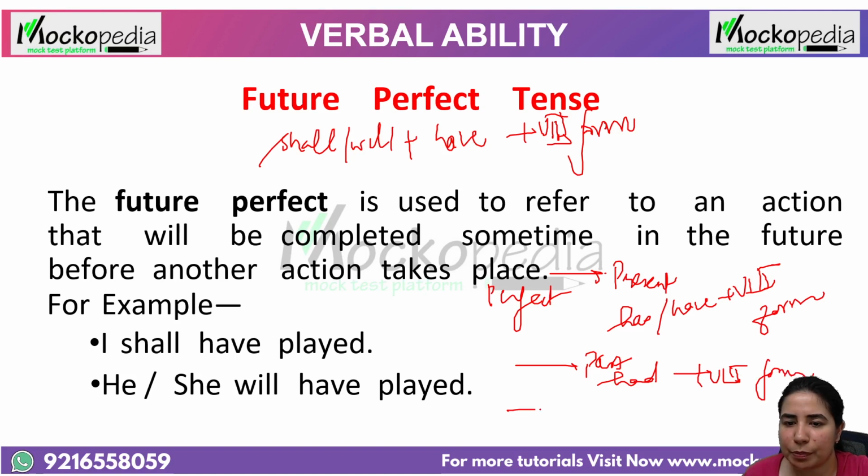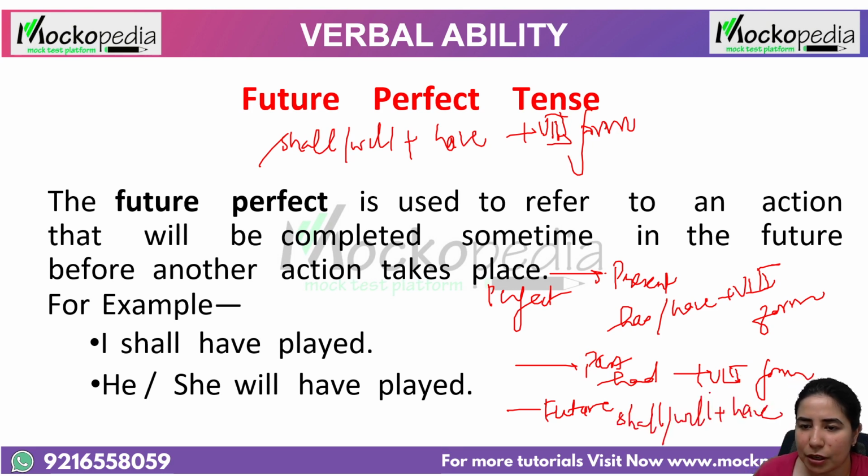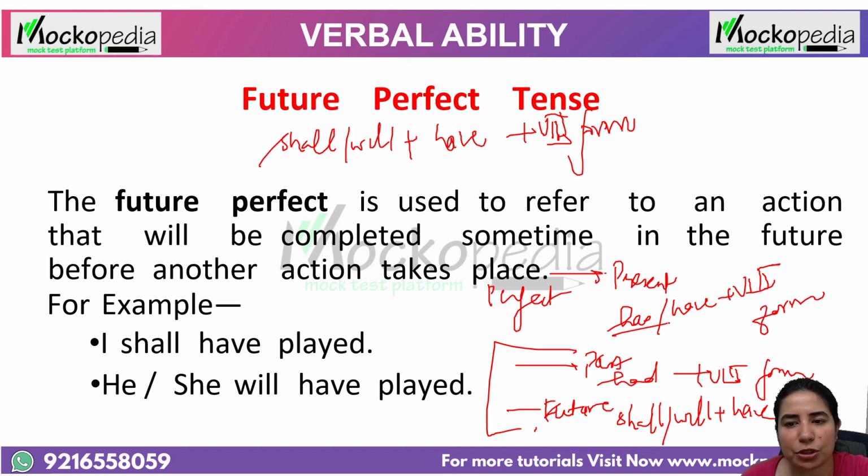And future will be, like I've already written, shall or will plus have plus verb third form. So in both these cases, past and future, you can see that there is no concept of singularity and plurality, right? In present, for a singular subject, we use has, and for plural subjects, we use have, right?